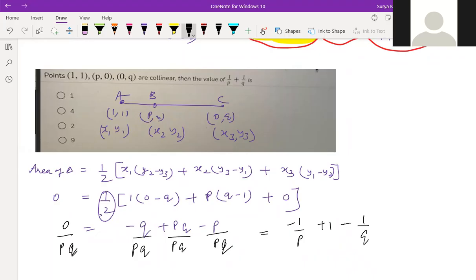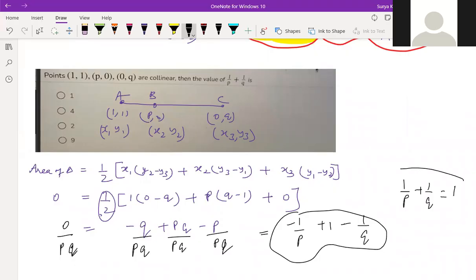All signs you just change. You can write here 1 by p plus 1 by q is equal to 1. Is it clear or not? Yes, sir. Okay. Answer is 1. Means you send 1 by p and 1 by q to the other side and you will get 1. Understood? Yes, sir.